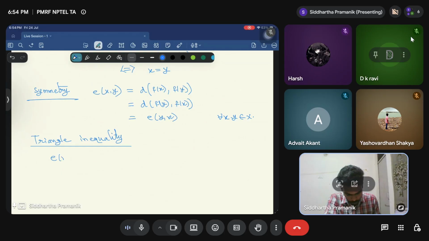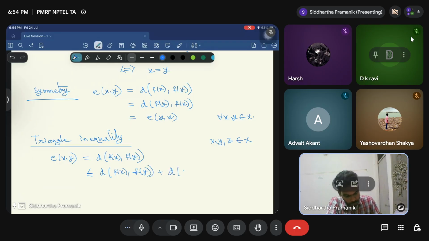So e of xy is by definition d of fx, fy, and we are taking 3 points from the domain, x, y, z belonging to X. So this is less than or equal to d of fx, fy plus d of fy, fz.